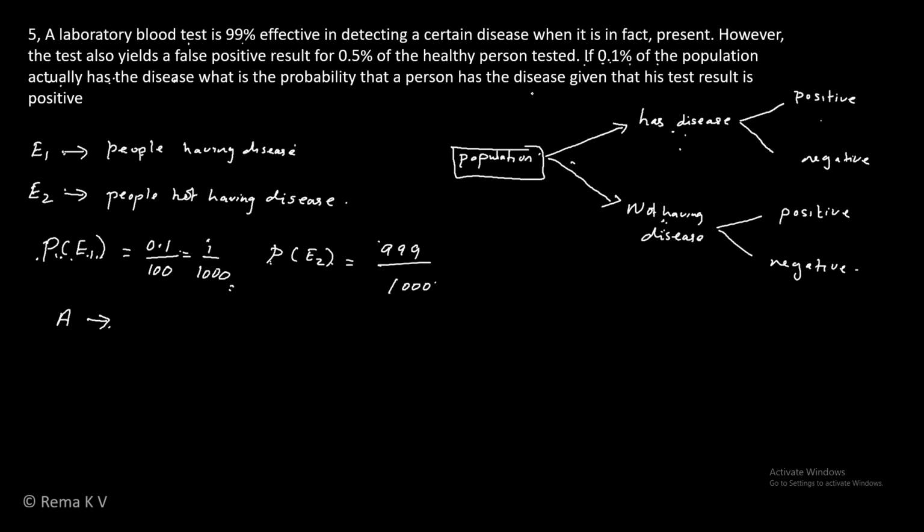What is given here that is to be considered as A? It will be given here in the question as given that or found to be, like that. So what is the event A?